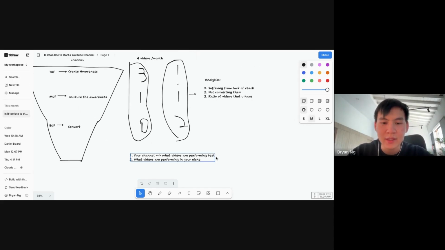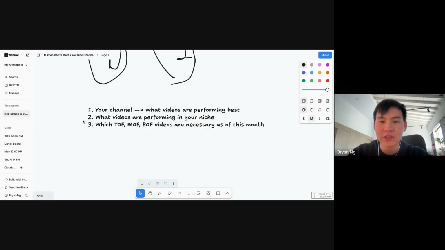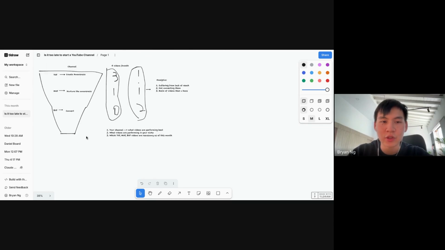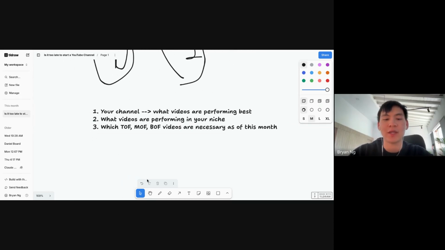And then it's also looking at whether top of funnel, middle of funnel, or bottom of funnel videos are necessary as of this month. Basically it's tracking these 3 things to decide what videos we want to do. And these 3 things are fluctuating every single month.